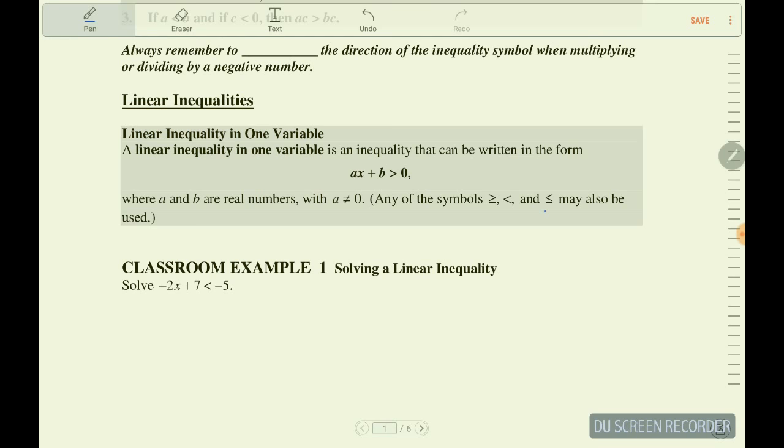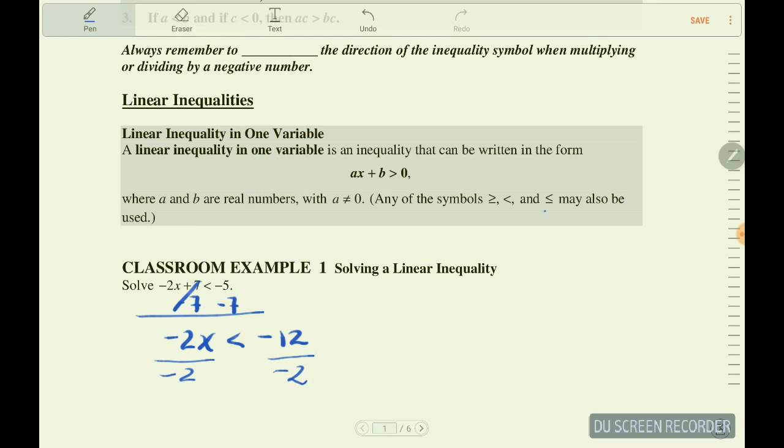I'm going to isolate the variable term by moving the constant to the other side. Then I'm going to divide both sides by -2.